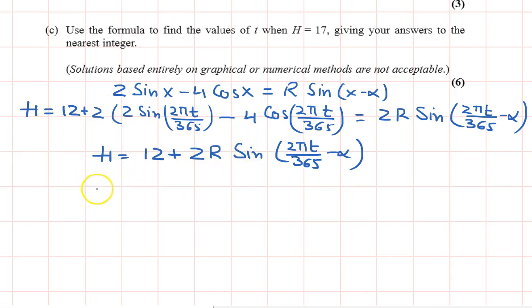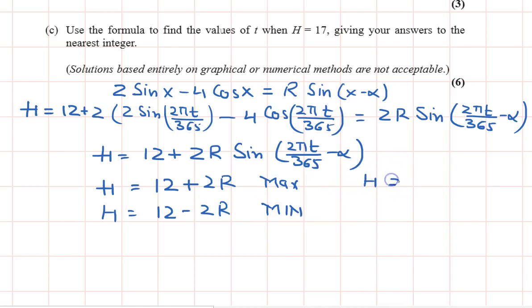Now for the maximum and minimum number of hours, we can write h is equal to 12 plus 2r, that is for maximum, and h is equal to 12 minus 2r, that is for minimum.